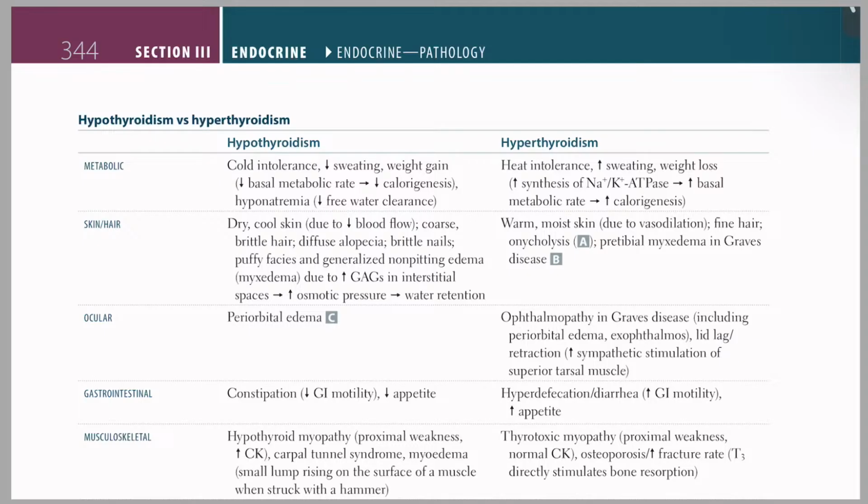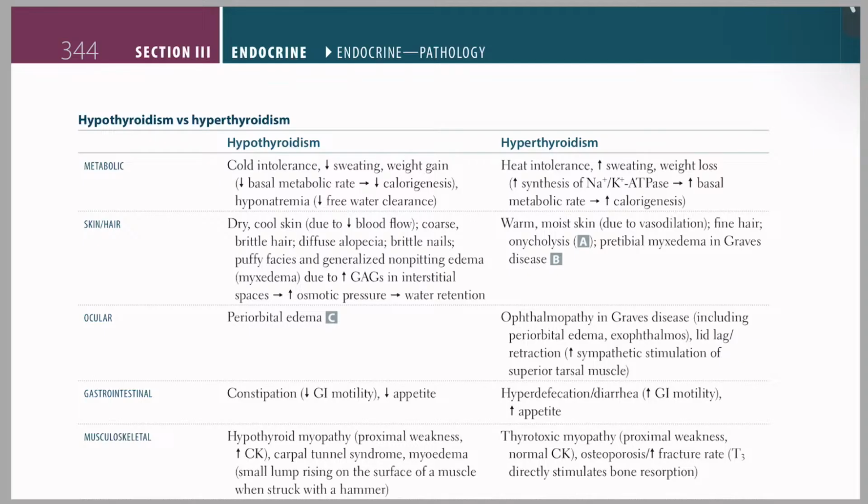Opposite in hyperthyroidism: heat intolerance, increased sweating, weight loss, increased synthesis of sodium-potassium ATPase, increases the basal metabolic rate, increases calorigenesis.